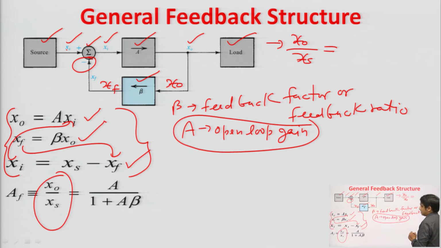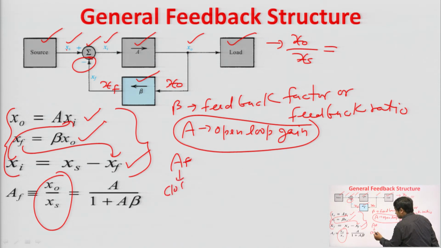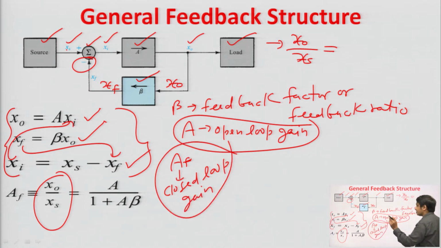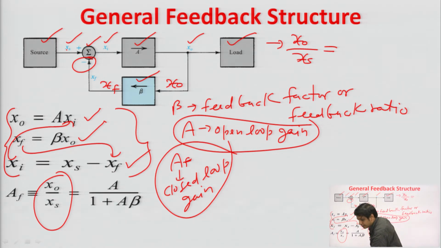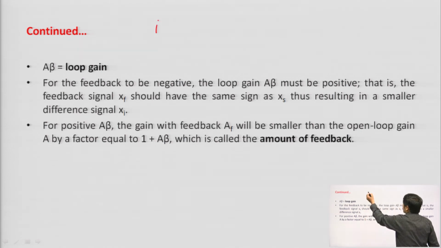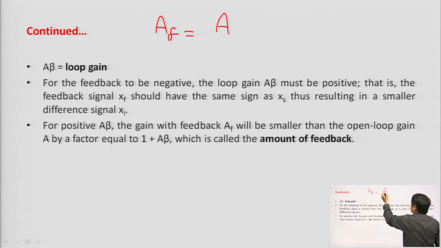Now, try to understand what AF is. AF is your closed loop gain. Closed loop gain means gain with feedback. A is the open loop gain, that means gain without feedback, fine. So, the closed loop gain which we are getting is equal to A upon 1 plus A beta.